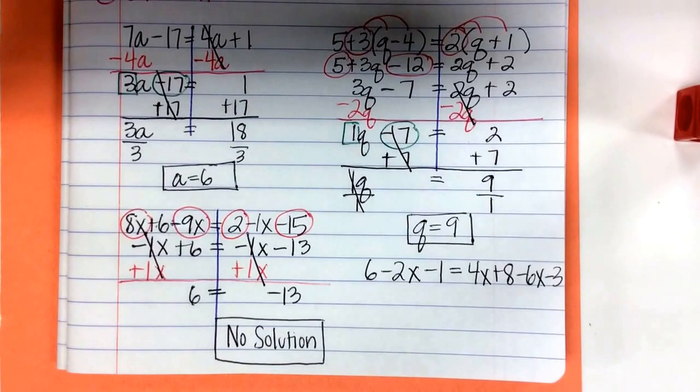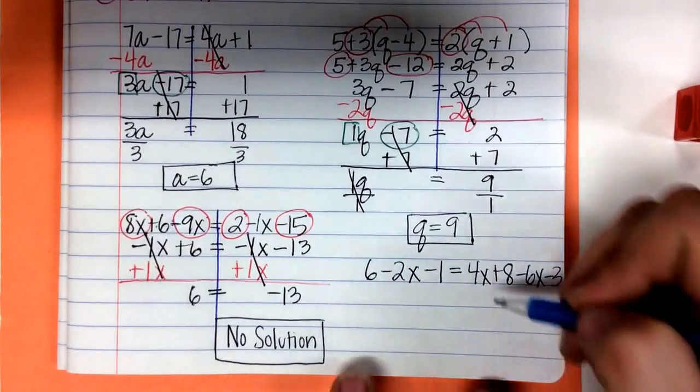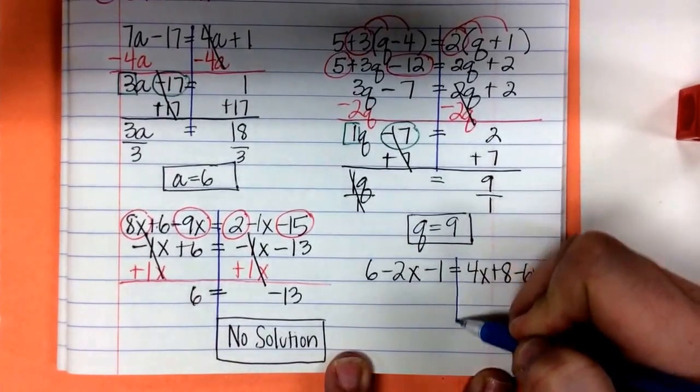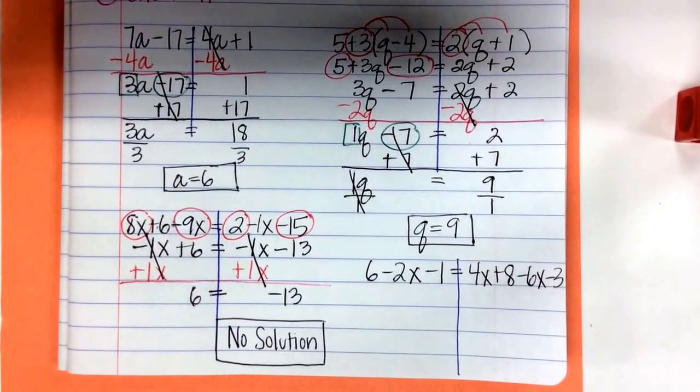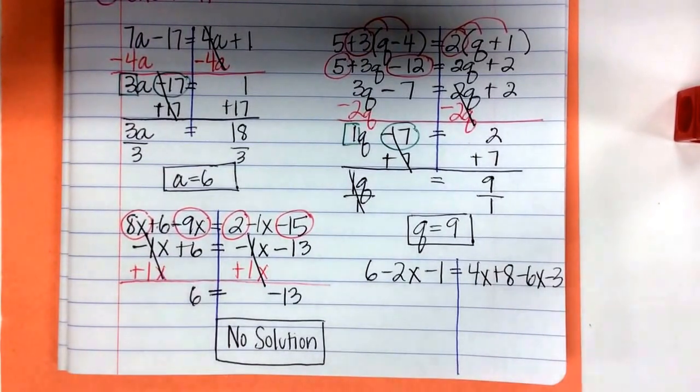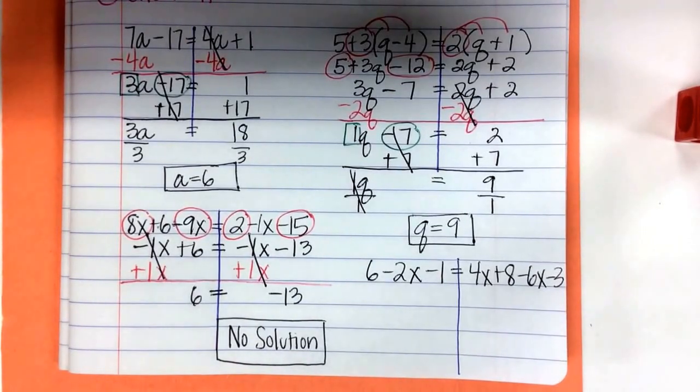Squeeze it in somewhere, turn it on the back of the paper, figure it out. All right, let's talk distributive property. Is there distributive property? No. Do I have to combine like terms?